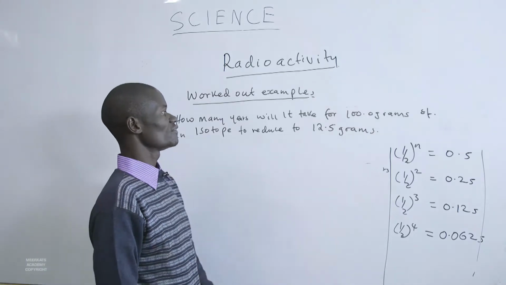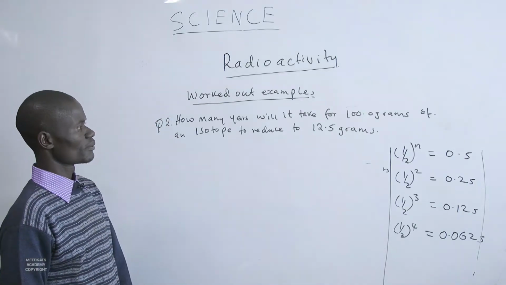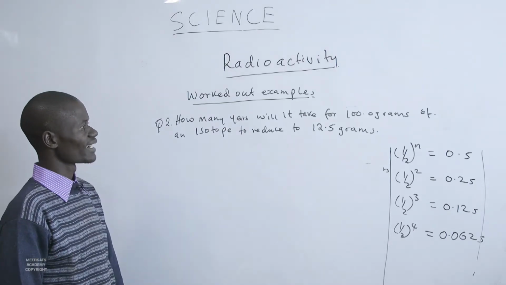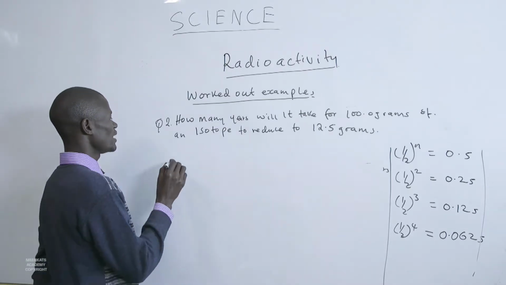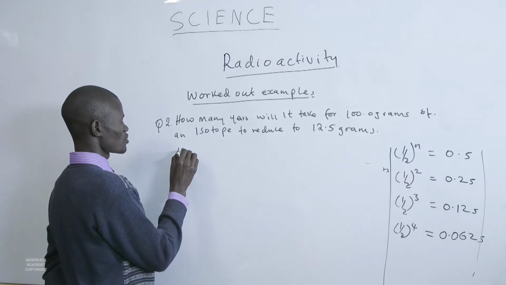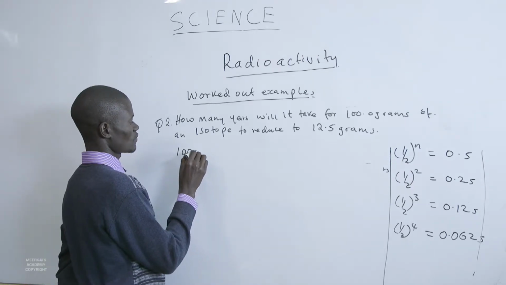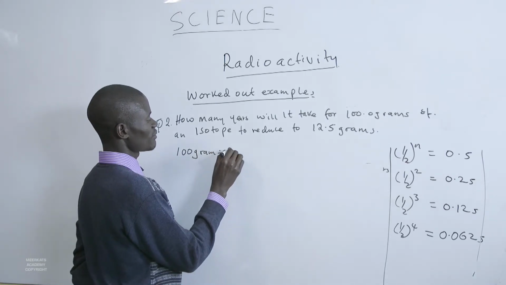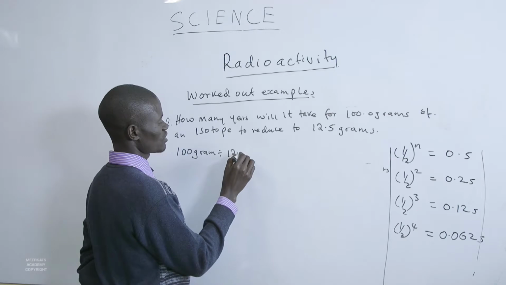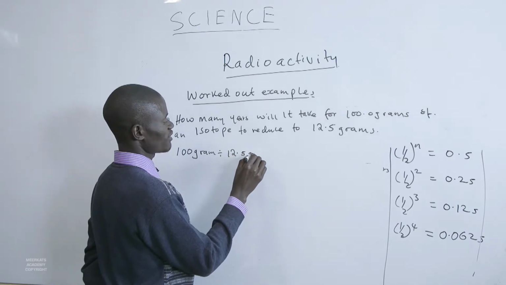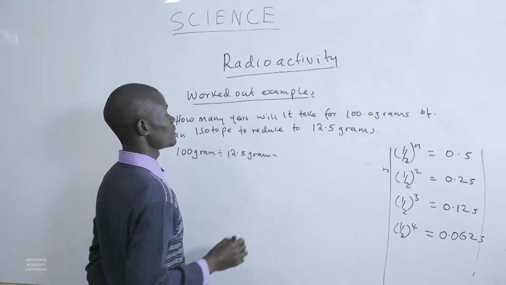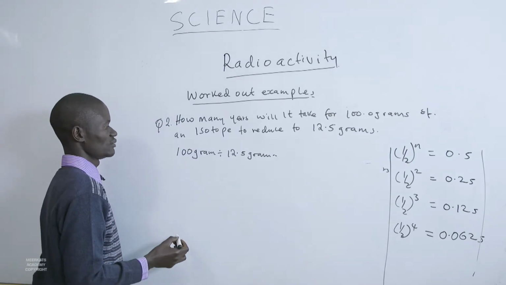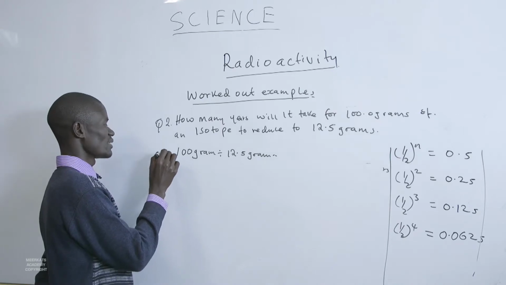This one is very simple to determine. How many years will it take? We take 100 grams and divide by 12.5 grams. It will be able to give us directly the period. We can also use this as another way.